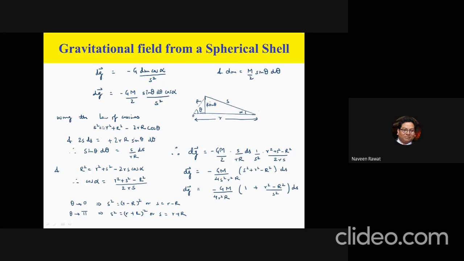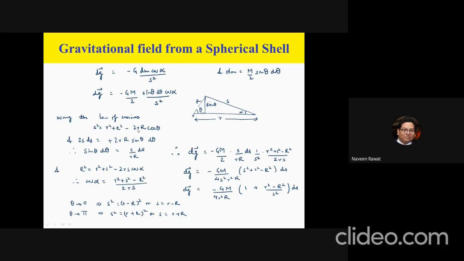And from here, what we are going to do is take a derivative so that we can get rid of this value of d theta. If I take the derivative, I get 2s ds on the left hand side. Remember small r and capital R are constant terms, so their derivative will be 0.